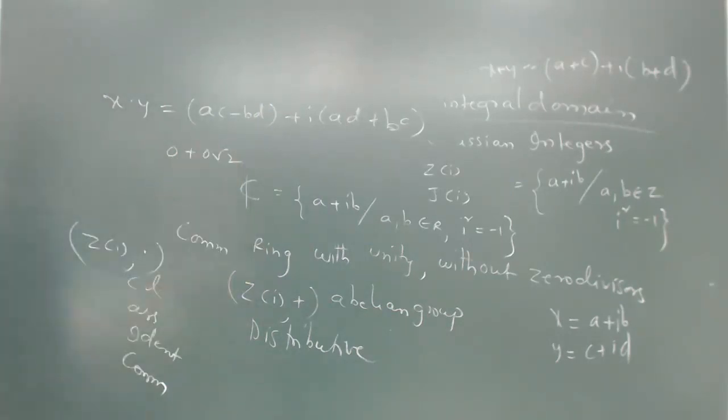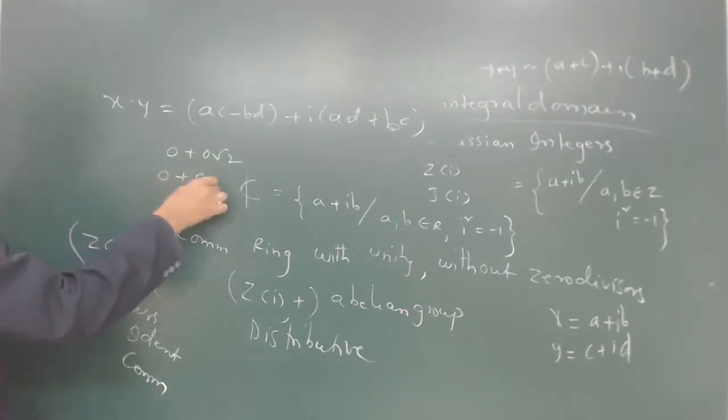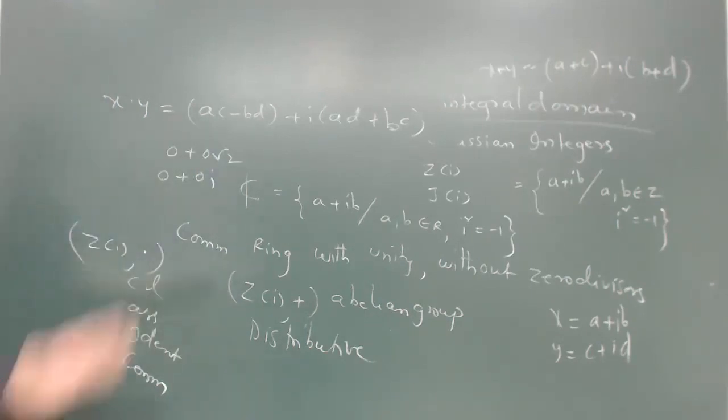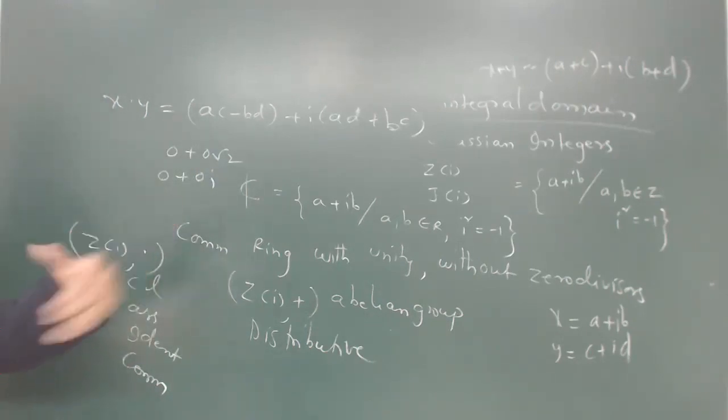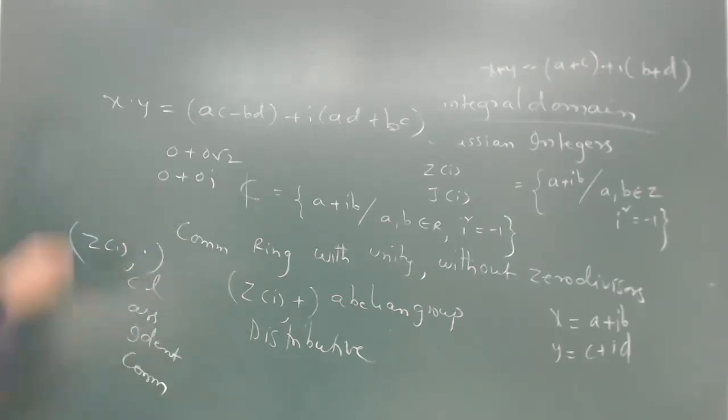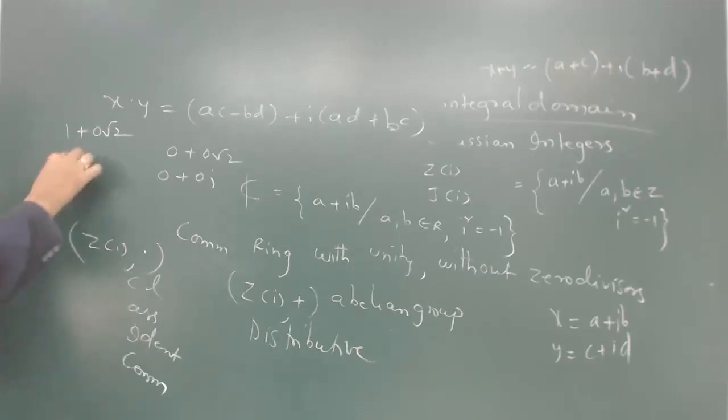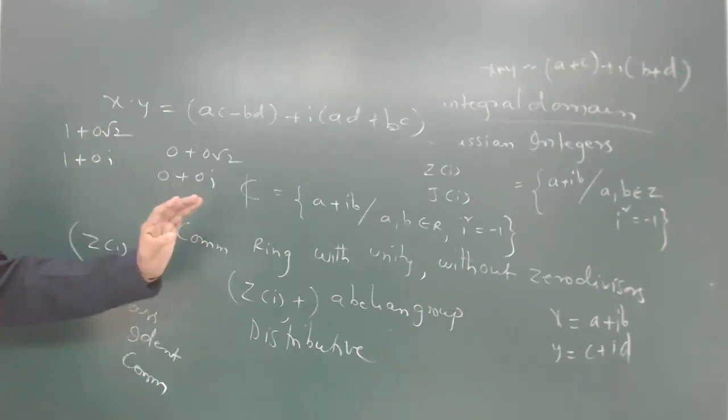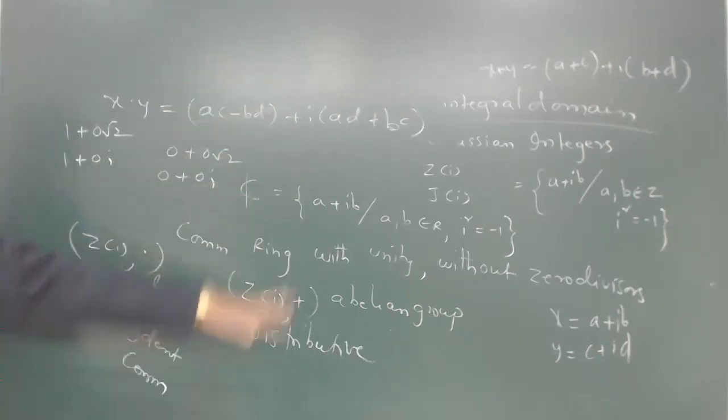Here we mention the identity element as 0 plus 0i. In the previous one, the multiplicative identity, the unity, was 1 plus 0 root 2. Here we take it as 1 plus 0i.